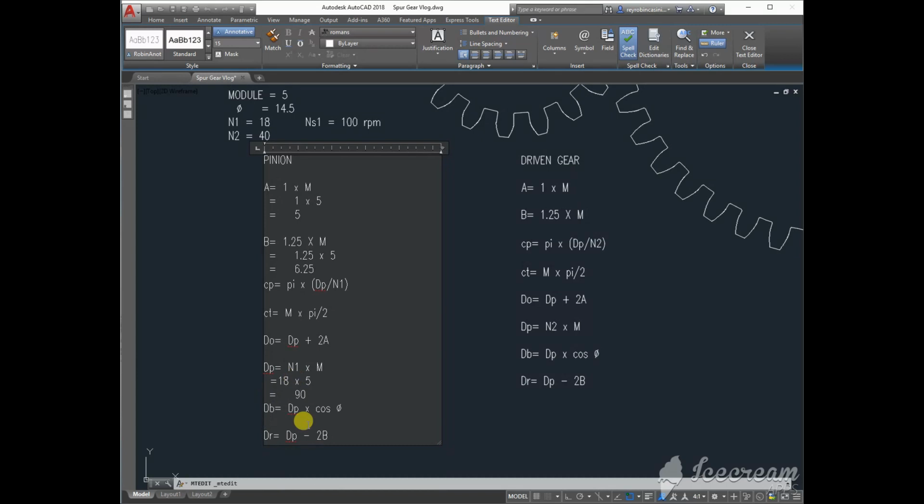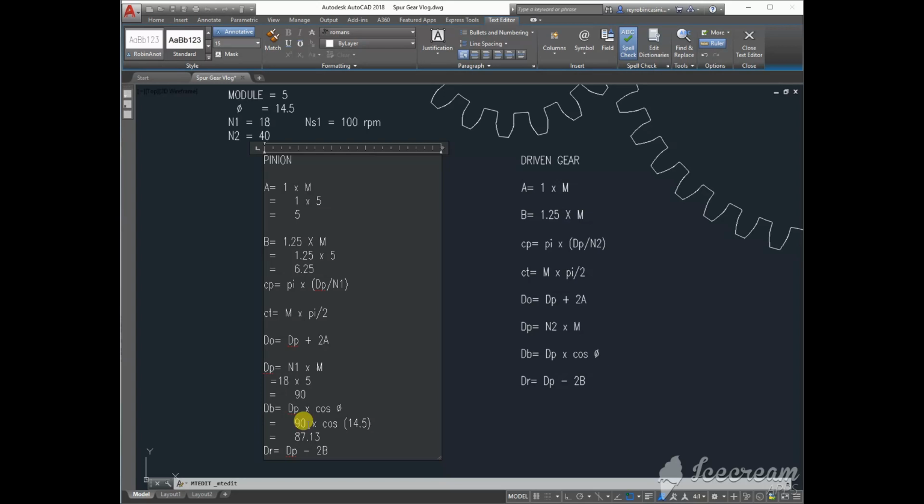The base circle is equal to the pitch circle diameter times the cosine of the pressure angle, which is 14.5. This is approximately 87.13 mm.